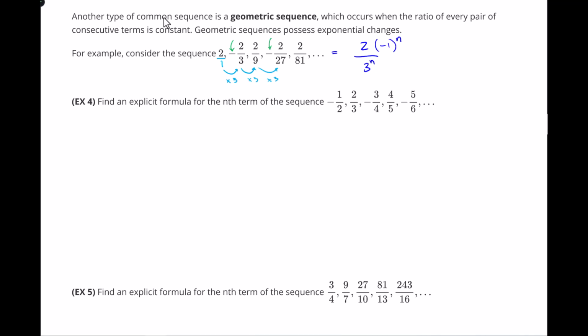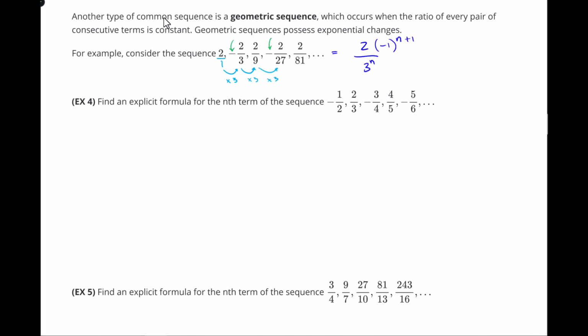So for instance here, the problem is that on the first term we have a positive value, but when n is 1, it's going to start out negative. So I needed to start with a positive value. So we'll just do negative 1 to the n plus 1. And one last thing, 3 to the n.